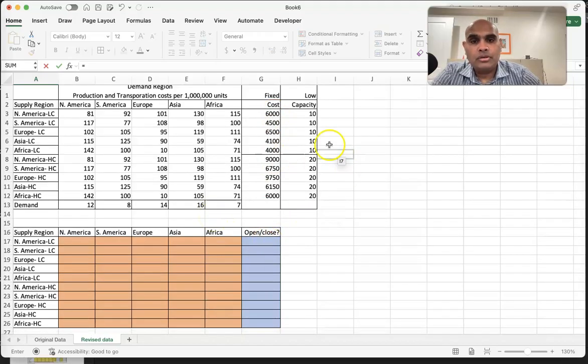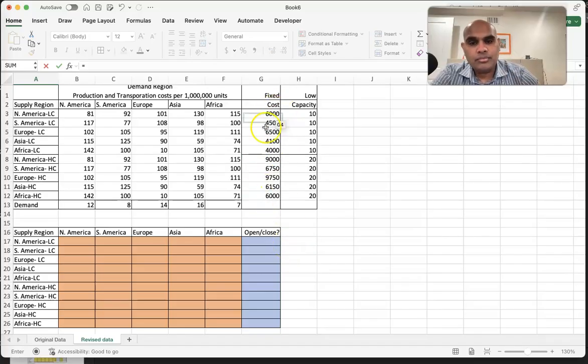If this number is 1, you will incur the 6, so it's actually 6 million, but you know that. If this number is 1, which means that you are opening a low cost plant in North America, then you will incur the $6 million cost. So it'll be 6 million times 1. Otherwise, it'll just be 6 million times 0, in which case you will not be incurring the cost. So again, you're multiplying corresponding numbers together and you're adding them up.